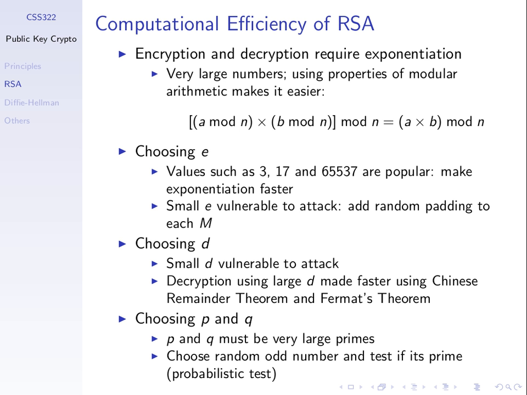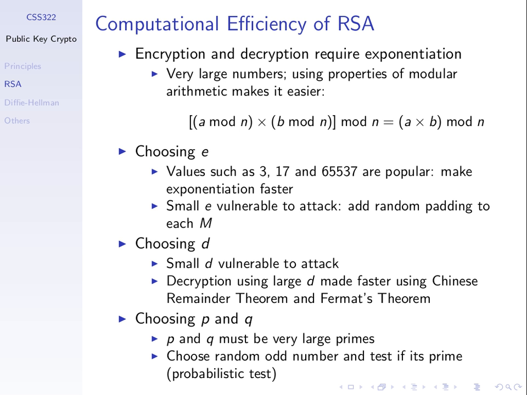How do you choose a value of E? There are some recommended values that suit most cases: 3, 17, 65537. You can use larger values or other values, but these generally make the implementation faster. Using a small value is a problem if we don't use some padding on the plain text, but again, it's overcome by using padding.